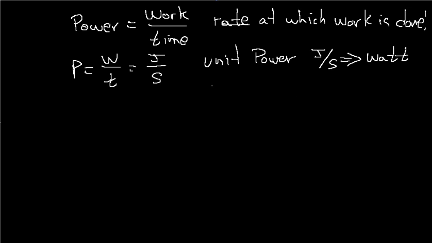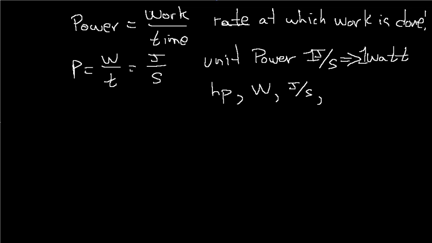Sometimes power is measured in English units as horsepower, HP. So it could be measured as horsepower. It could be measured most commonly in terms of watts, or you can express it as joules per second, because a joule per second is a watt. So 1 joule per second is 1 watt. There's our units for power. And that's pretty much all we really have to know about power.